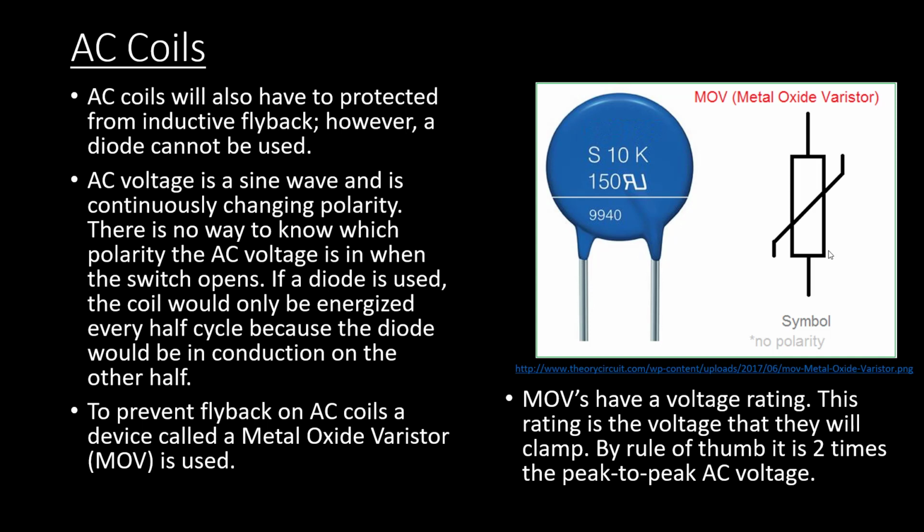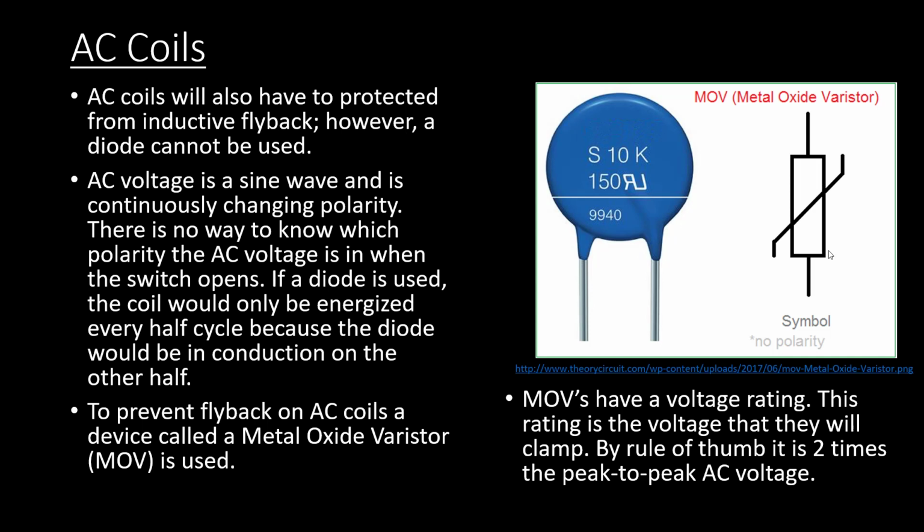So that when you open the switch, the voltage across the coil will get no higher than the rating of the MOV. And 300 and 400 volts is not enough to arc across any switch.